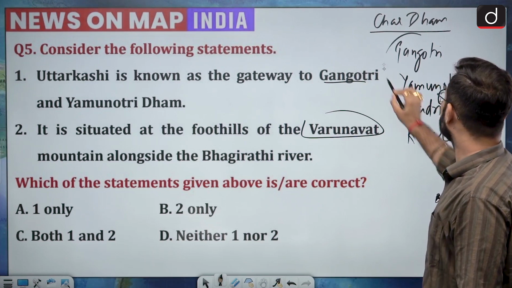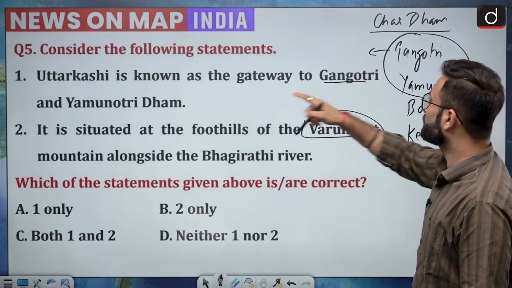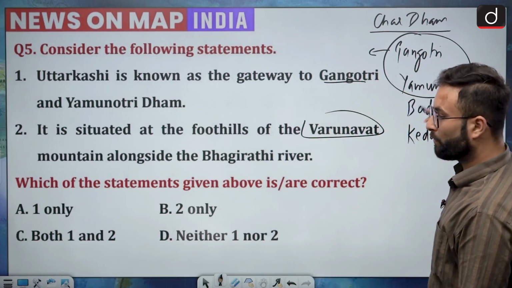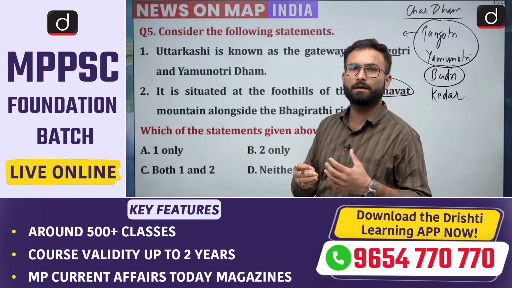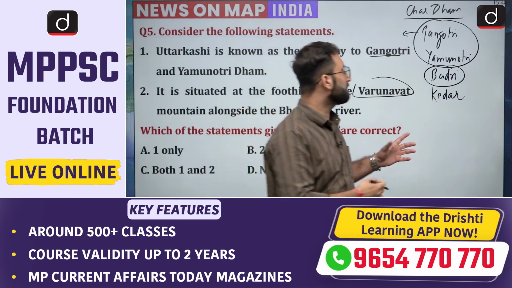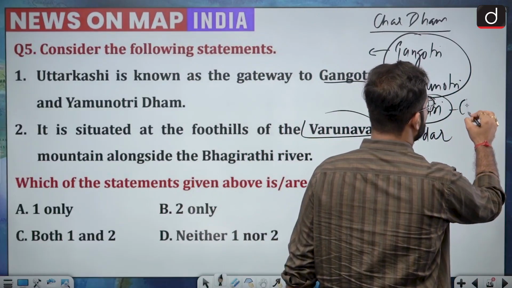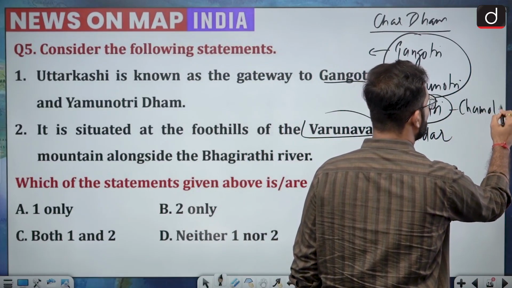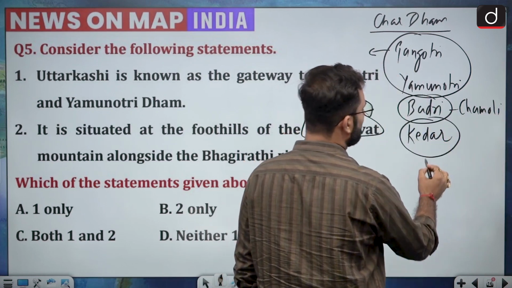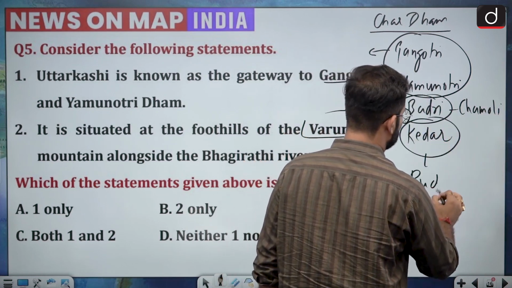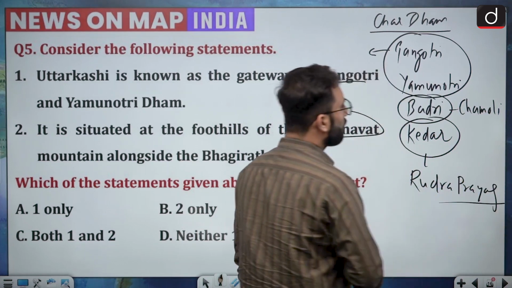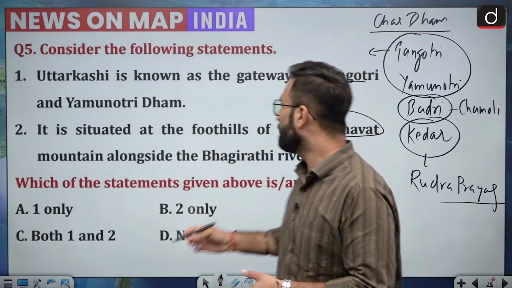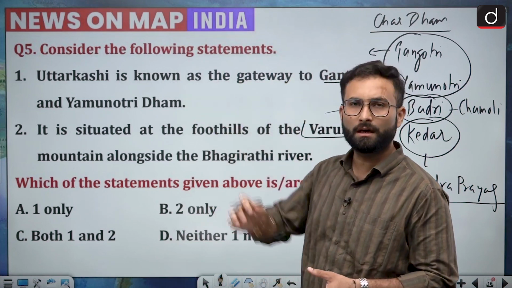When we talk about Gangotri and Yamunotri, these are in Uttarkashi. Then Badrinath Dham is in the Chamoli district, and Kedarnath is in Rudraprayag. So statement 1 is true, because Yamunotri and Gangotri are in Uttarkashi.